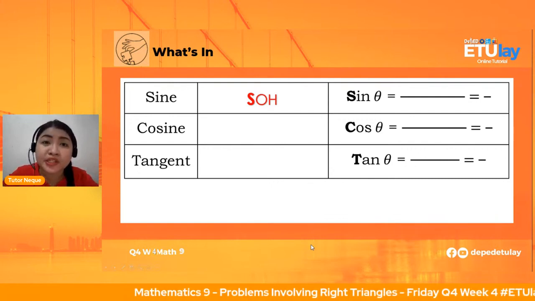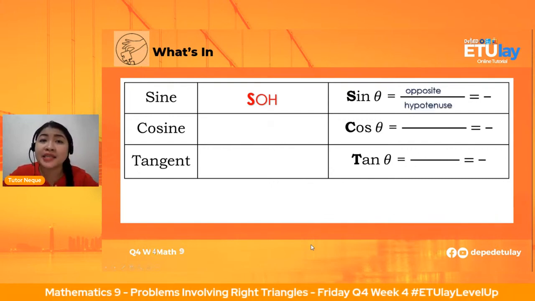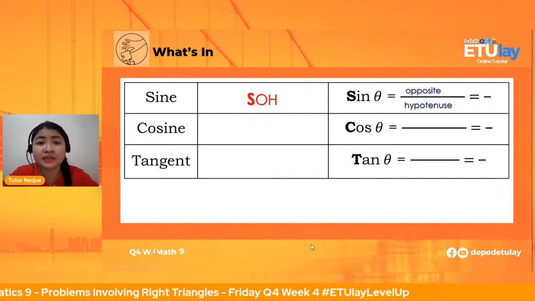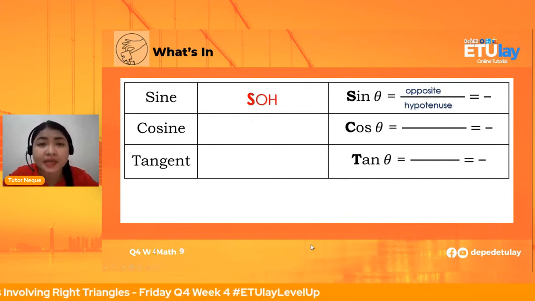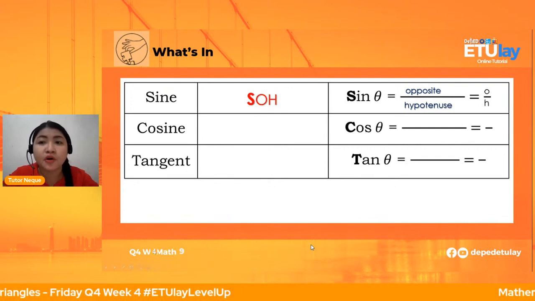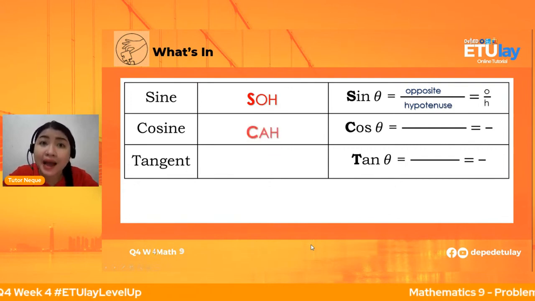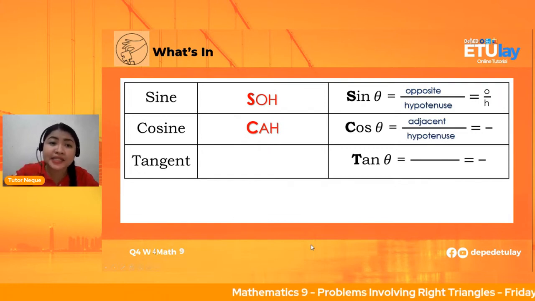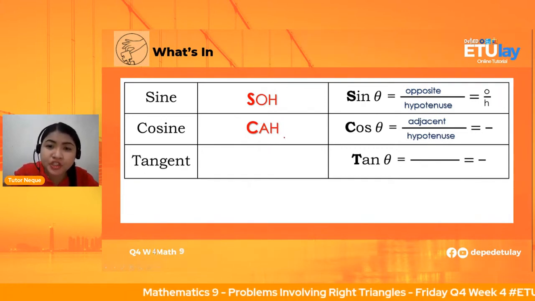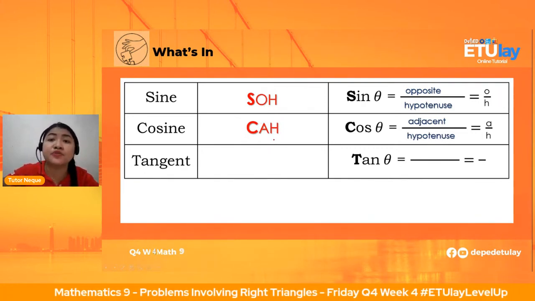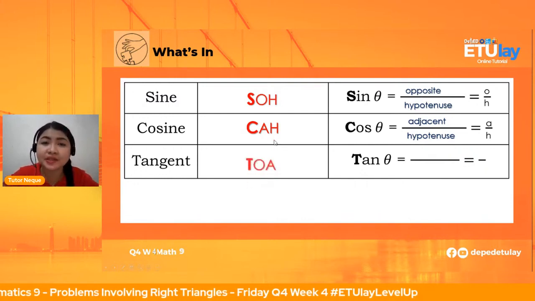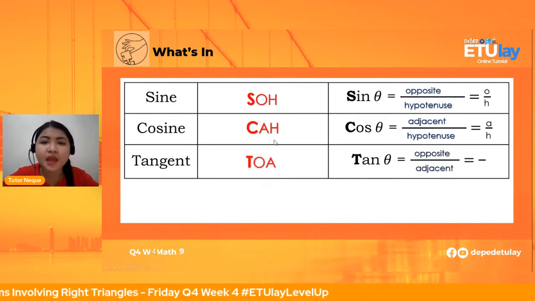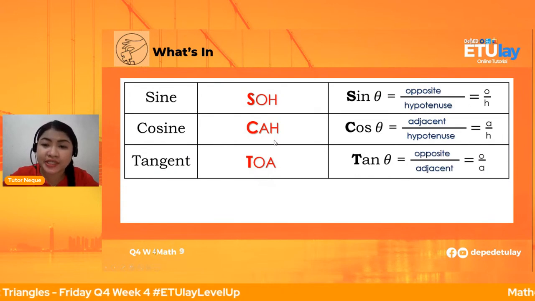Where we have the mnemonic SOH CAH TOA: sine theta, sine of the angle theta, equals opposite side over hypotenuse, or O over H. CAH stands for cosine equals A over H, adjacent over hypotenuse, and tangent, TOA, opposite over adjacent, or O over A.